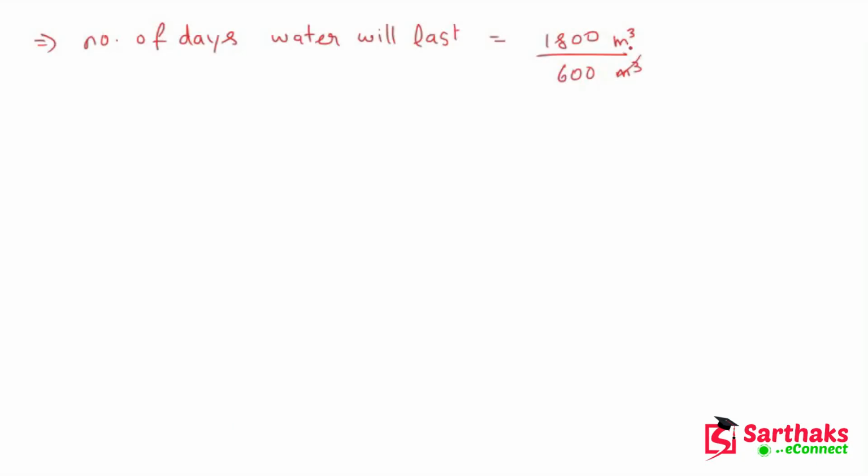Number of days water will last is volume of tank, which is 1800 meter cube, divided by total water required per day, which is 600 meter cube. The meter cube and meter cube will be cancelled, and these two zeros and these two zeros will be cancelled. So we have 18 upon 6. If we divide 18 by 6, we get 3.